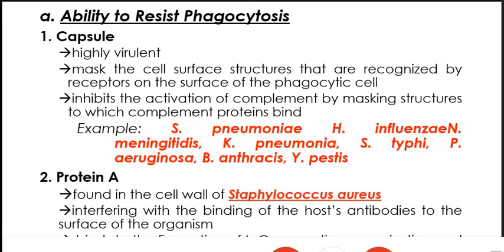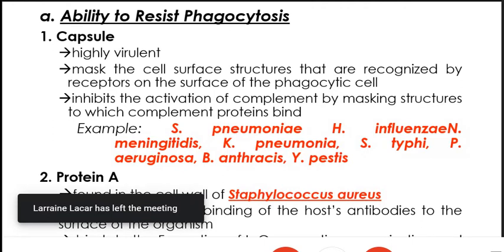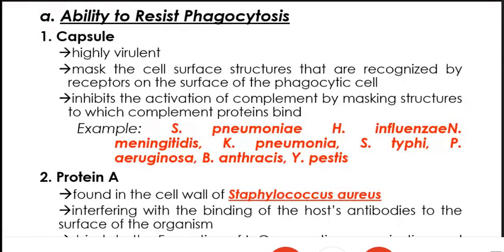Okay, so now what is this ability to resist phagocytosis? So ano yung mga structure or what do the agent have to be able to resist phagocytosis? Kasi alam natin na pag na-phagocytize siya, although in some bacteria, they can still live inside the macrophage or they can still try to survive kahit sila ay na-phagocytize na.